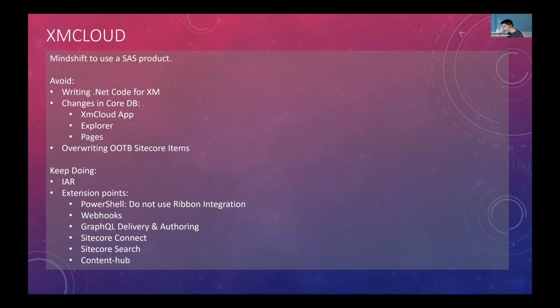We need to understand it is a SaaS product. For me, at the beginning of the project, it was a bit hard to understand the concept and basically do this mind shift, that is how to use SaaS products. That means basically we need to avoid writing .NET code.